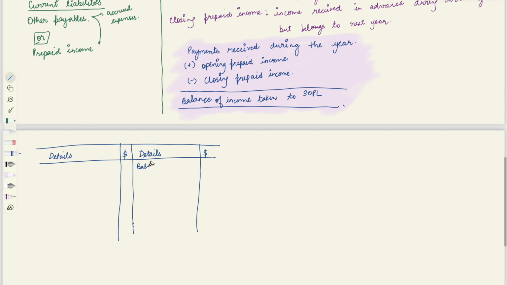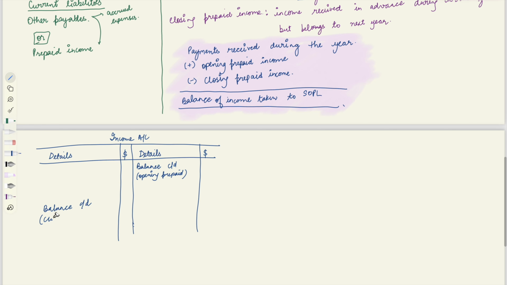Opening balance will be on credit side as it's a liability, so opening prepaid income account. Opening and closing balances are opposite to each other always.